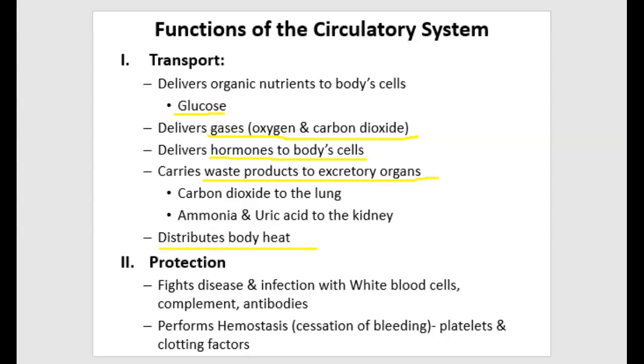Now, the last general category, regulation. The circulatory system is involved in maintaining its own blood volume.